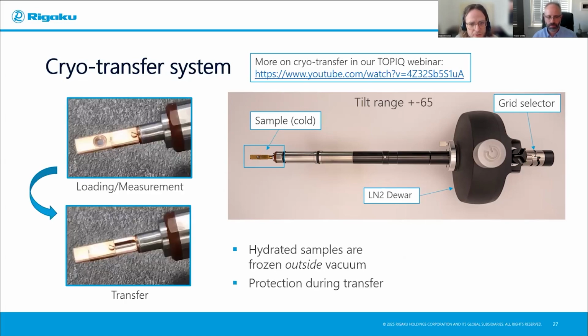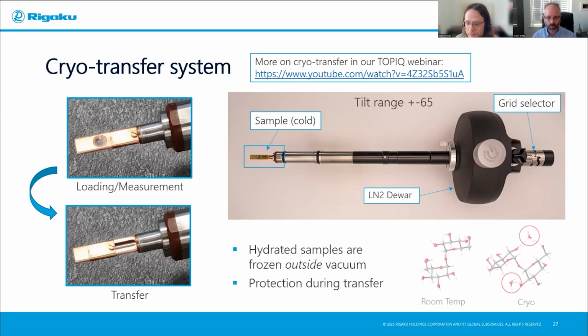And then before transferring this whole rod into the diffractometer, you can actuate using this knob a shutter that will build a small microatmosphere around the grid here that has just dry cold nitrogen, and that will protect it during the few seconds that you move this into the diffractometer.